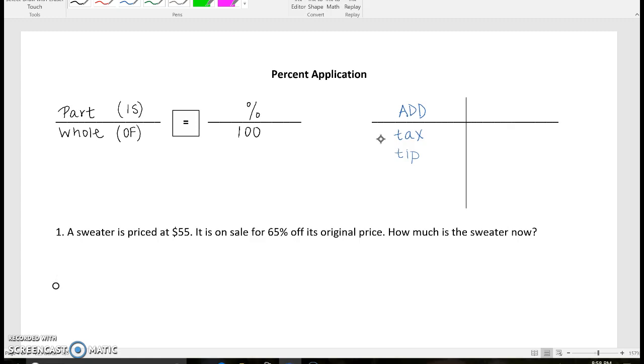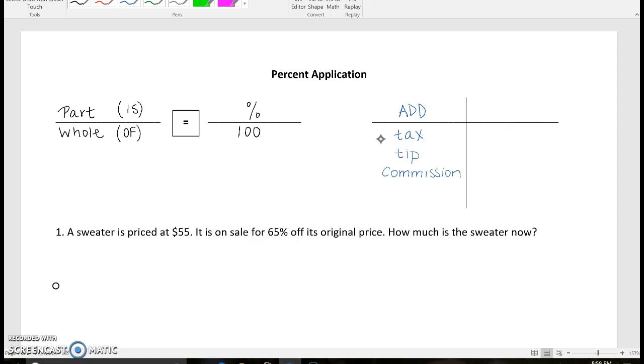Another situation would be when you get a commission. Sometimes people who work in sales get a percentage of what they sell. Maybe I sell $100 worth of jewelry and I get 10% of that, so I would get $10. That's extra money that I'm making. Those are situations where you would add.